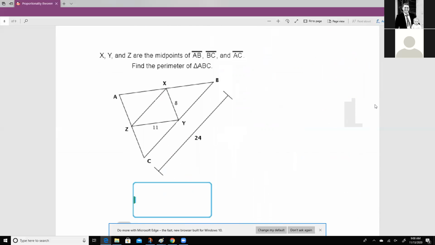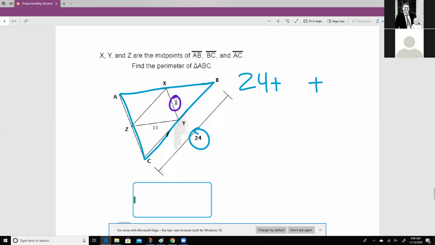Let's look at this one. Again, we are given that they're midpoints, which means I have mid-segments. And this time I want to find the perimeter of ABC. And in this case, ABC is the big triangle. Now, I already know one side is 24. I just need to add up the other two sides.